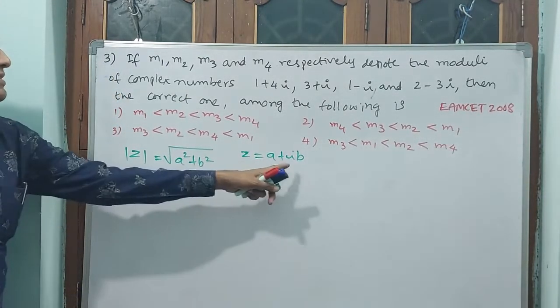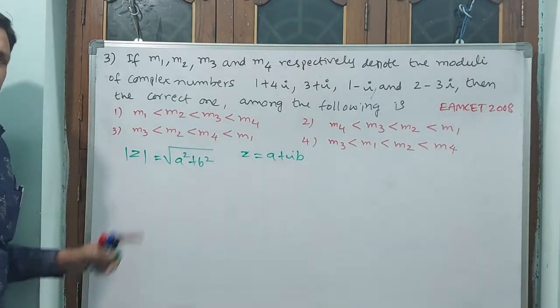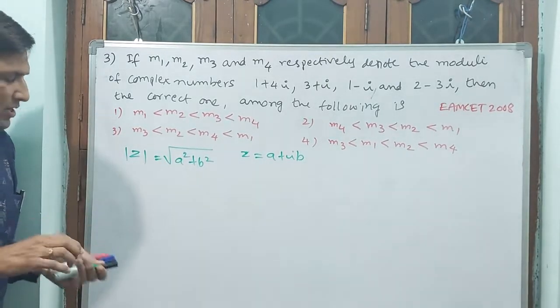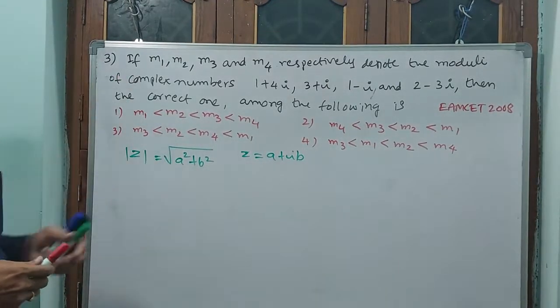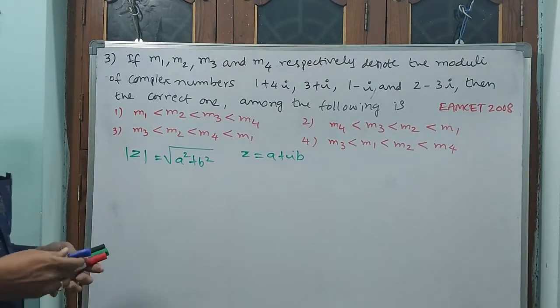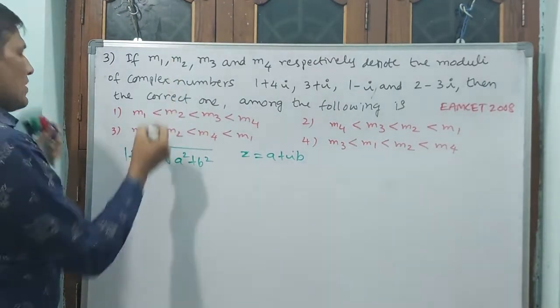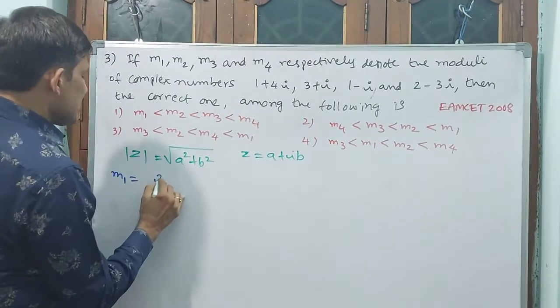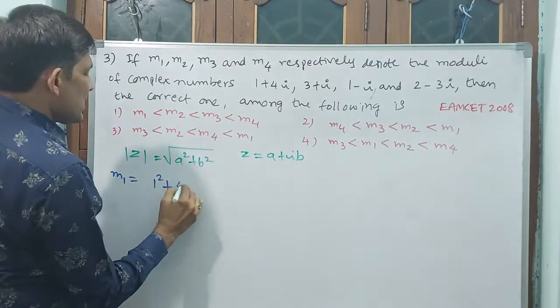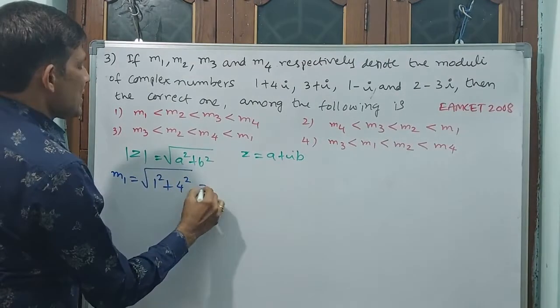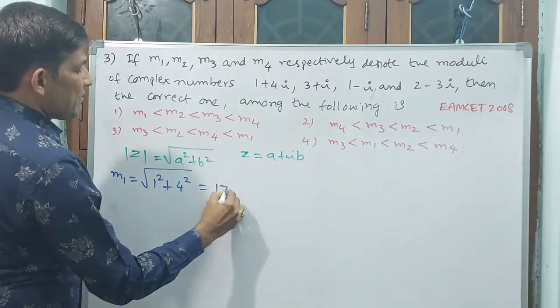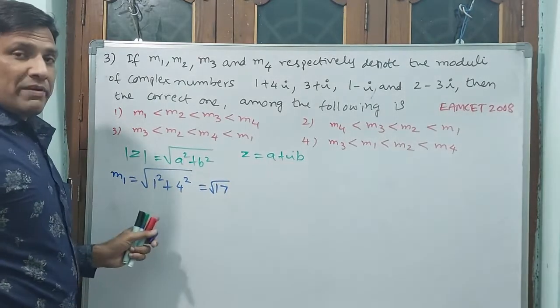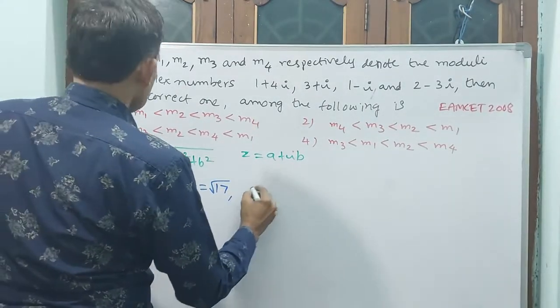Irrespective of the symbol and all, you square it, add, and take the square root. Now one by one we will do. What is m1? M1 is equal to under root of 1 square plus 4 square, that is equal to 1 plus 16, 17, but root. Root 17 is m1. Okay. Let us do m2 also.